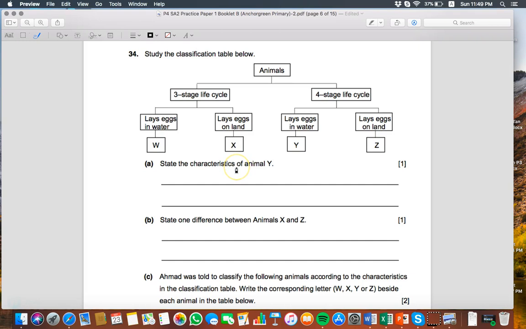Take note, they use the plural form of characteristic, so you have to give more than one characteristic of animal Y. So Y has a 4-stage life cycle and it lays eggs in water. It is a half mark for each characteristic.